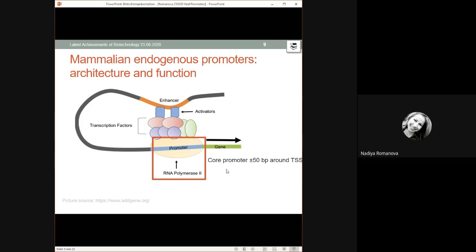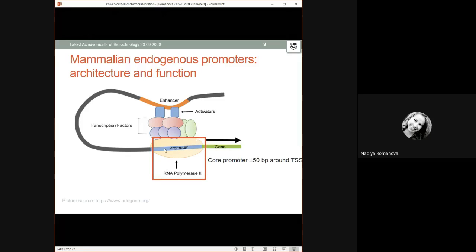The core promoter is the short version of the promoter. It surrounds the TSS, the transcription starting site, 50 base pairs before and 50 base pairs after the transcription starting site. The TSS is a specific nucleotide in the DNA sequence where the transcription is started.